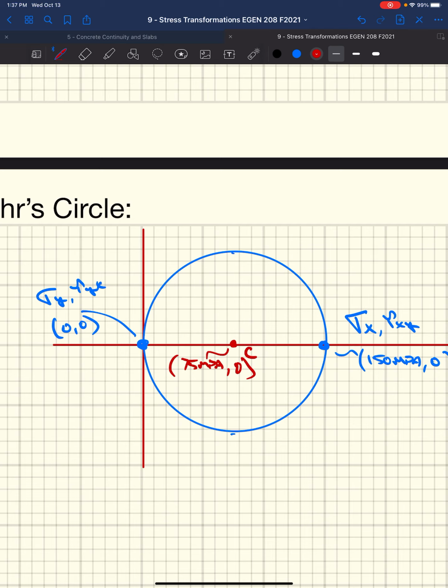And so as we do that, we're going to say be up here and down here. That angle we've established is alpha. These points, this will be sigma x comma tau xy, and this is sigma y comma tau yx.